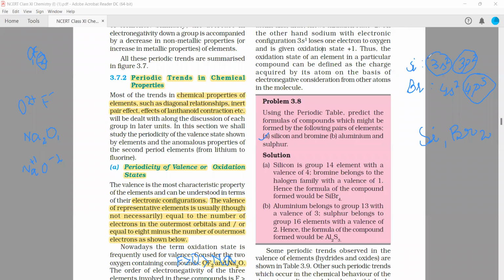But this is not right. Here the total valence shell electrons are 4, and here it is 7. For 7 to complete 8, it only needs 1, right? So it is better to gain 1 than to lose 7 to become 8. And for 4, in order to complete the octet, it needs 4 more electrons.